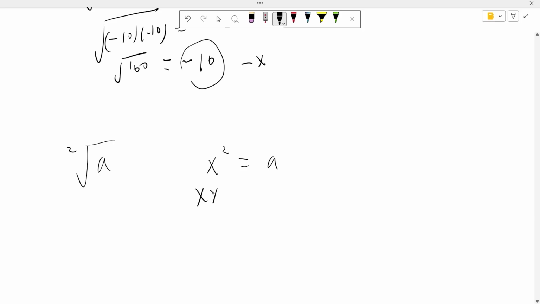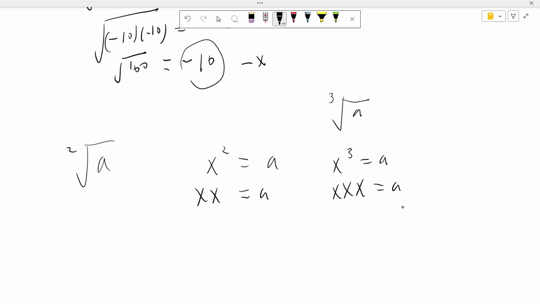So we have 2 x's here and a. Now let's look at when n is 3. If n is 3, then it's like this. Now we have 3 x's that, when all multiplied together, result in a. So that's the difference the index makes.